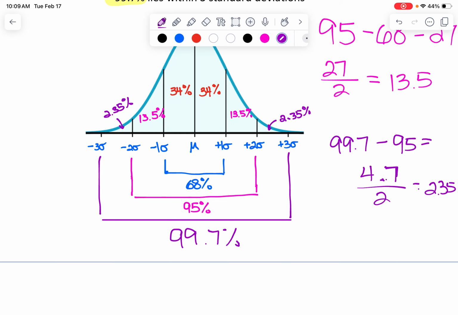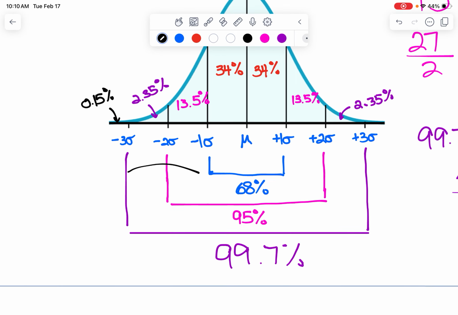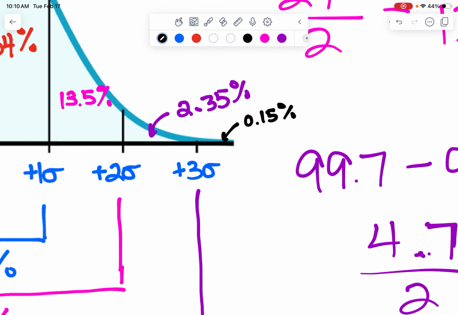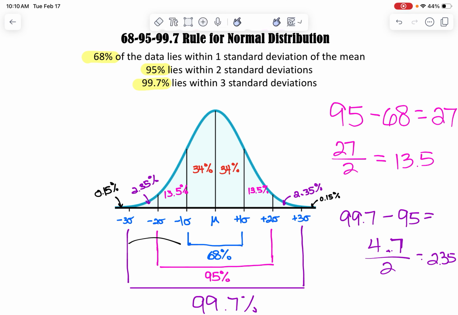So if I go right here in this section, then 0.3 divided by 2 would be 0.15, so this would be 0.15%, and this would be 0.15% as well. Now we have that standard deviation section filled out.